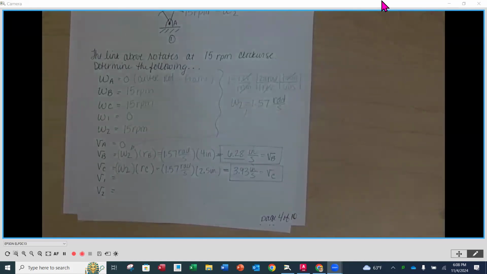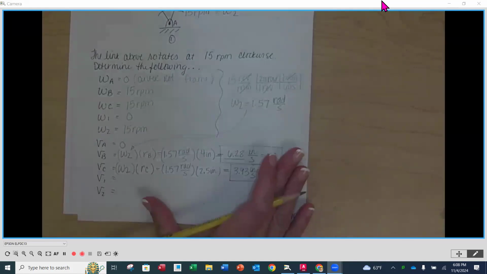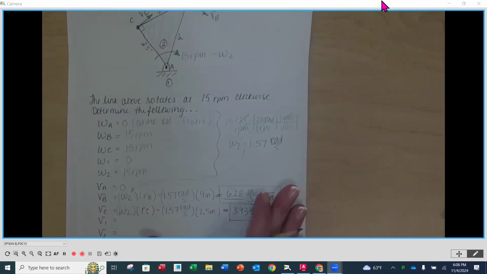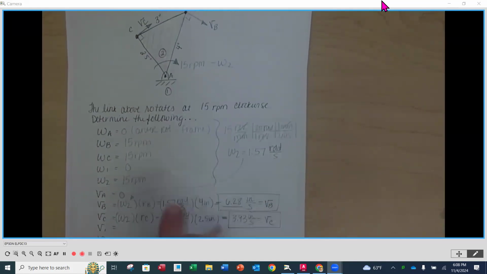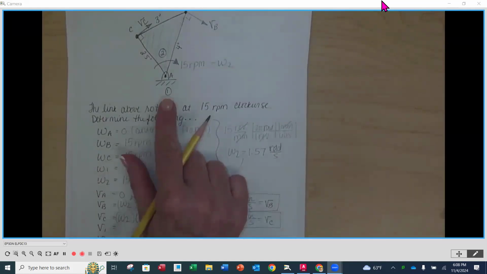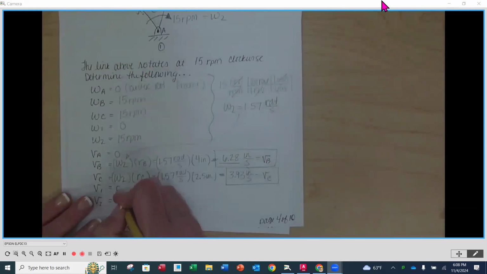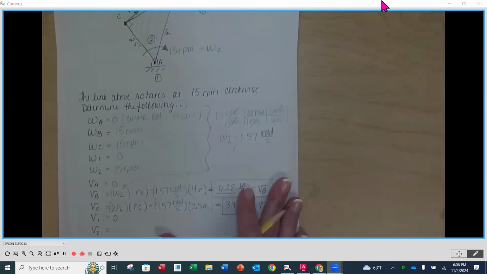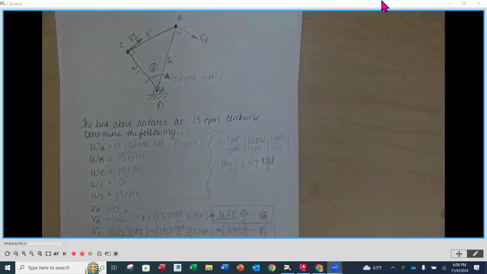Okay. Questions on those two? All right. Velocity of link number 1. It's the frame. That would be 0, right? What about straight line velocity of link number 2? No, we usually don't.